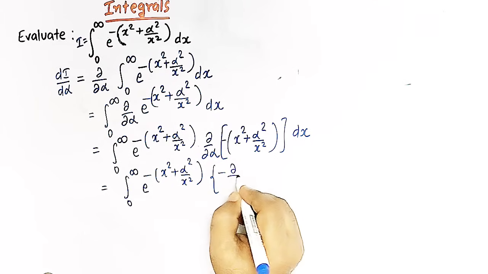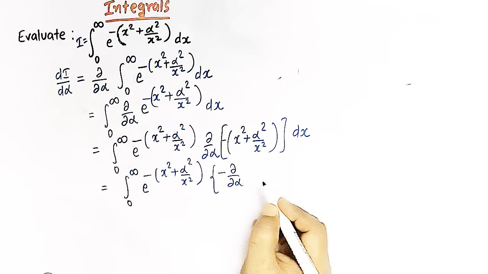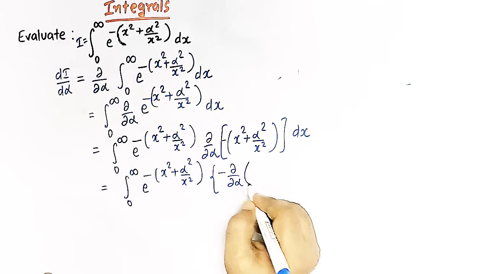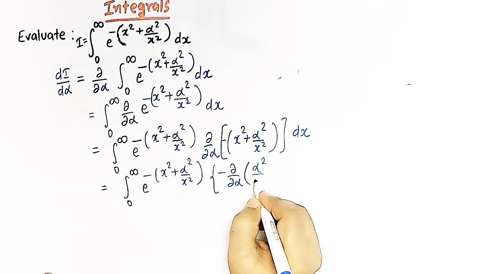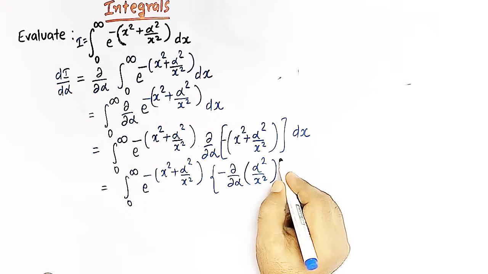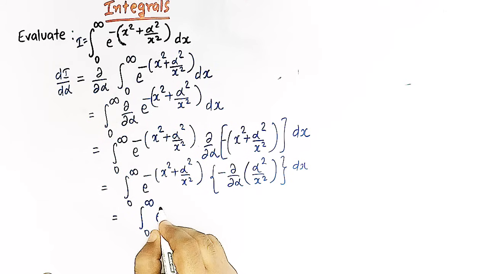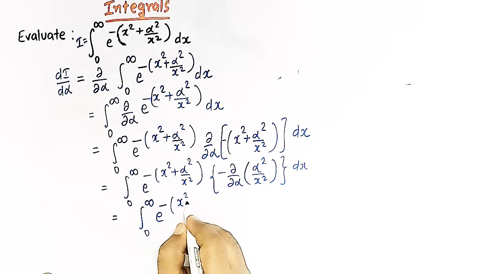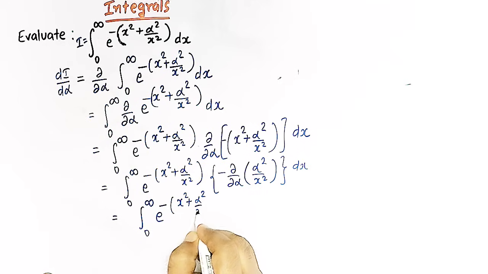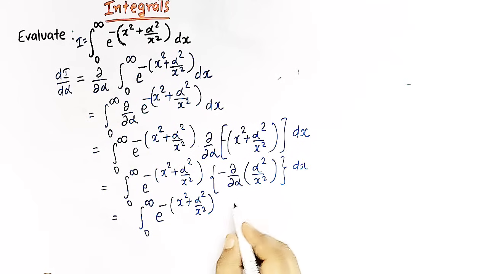So we have simply minus del over del alpha of alpha square over x square, right? So now we can write 0 to infinity, and we have e raised to minus (x square plus alpha square over x square), and here we have minus 1 over x square.